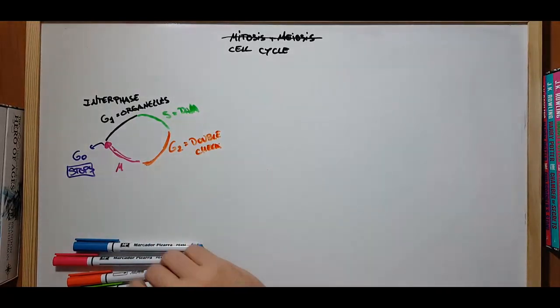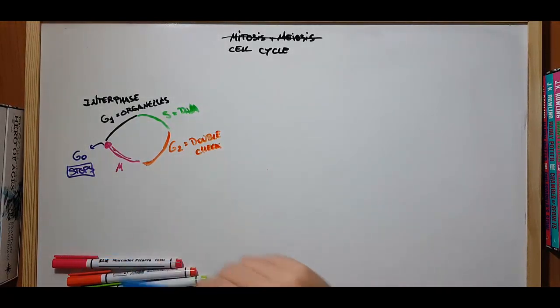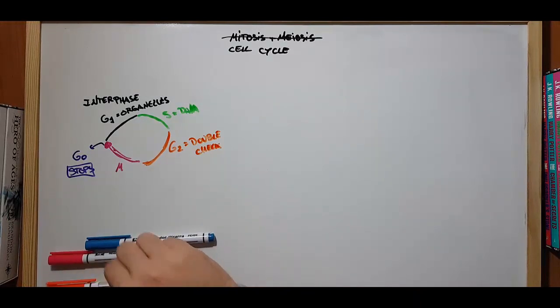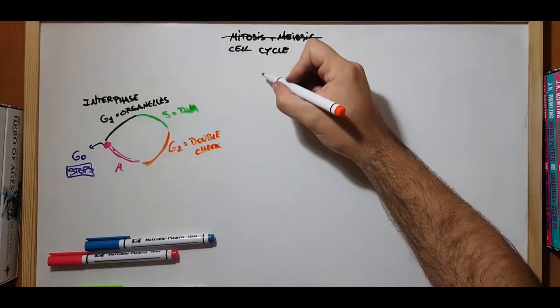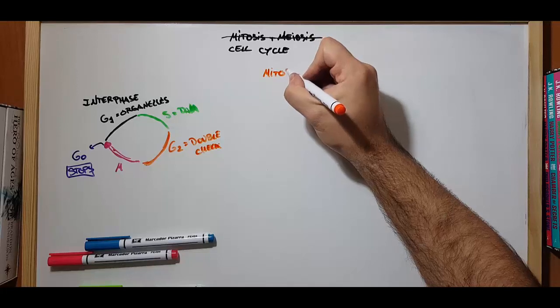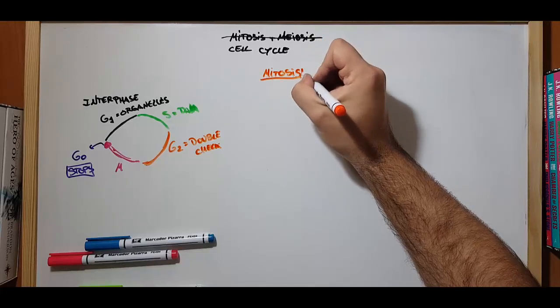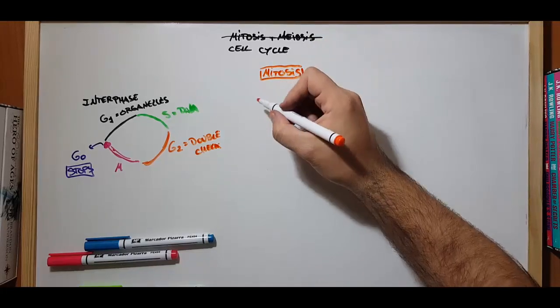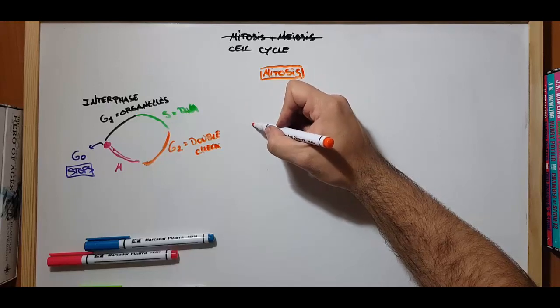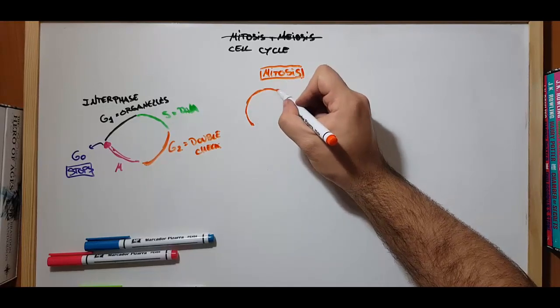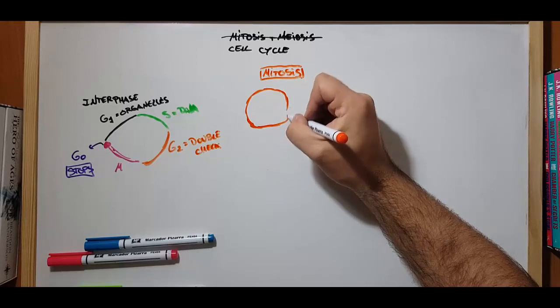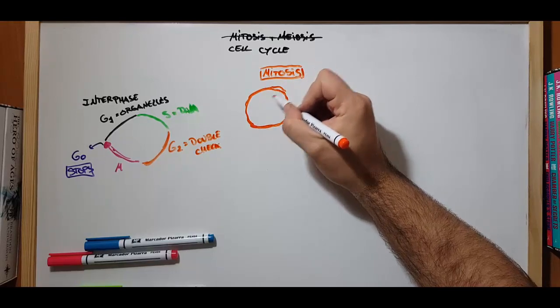So, we're going to start with the easiest one, okay? The mitosis. So in the mitosis, we start in the M phase, okay, with a very big cell.